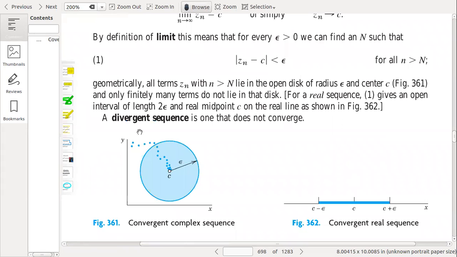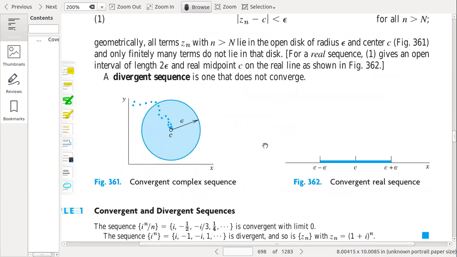So a divergent sequence is one that does not converge. Here is a geometrical interpretation of the convergent complex sequence. All the terms of the sequence must lie within this open disk.